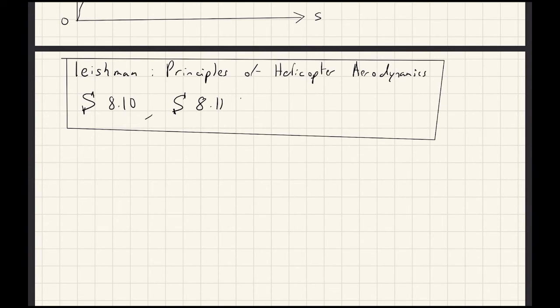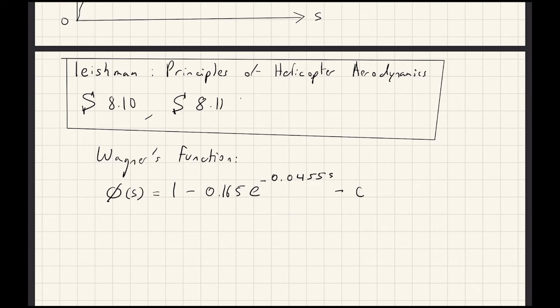And here I'm going to give some useful approximations to these two functions. So for Wagner's function, phi of s is equal to, one of the approximations is 1 minus 0.165 e to the power of minus 0.0455s minus 0.335 e to the power of minus 0.3s.